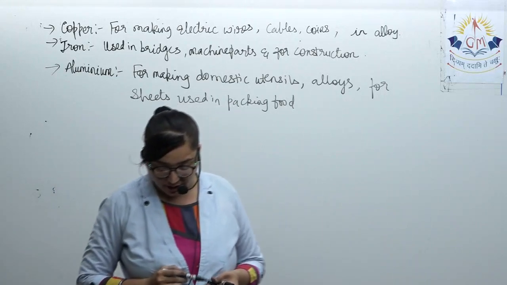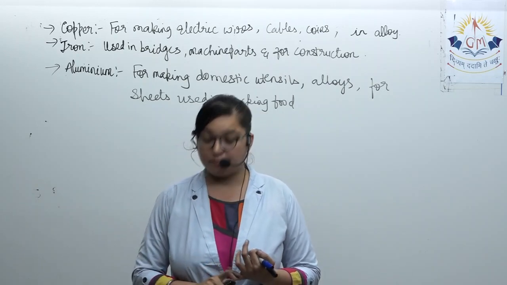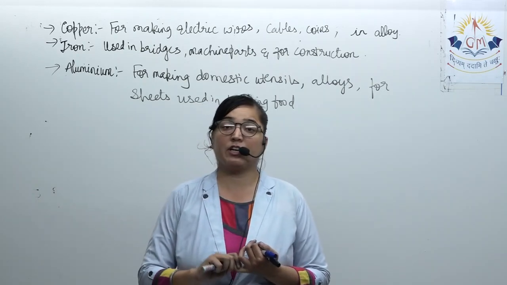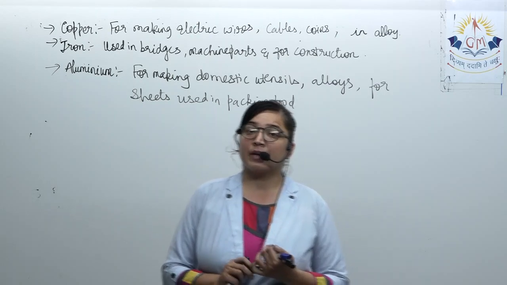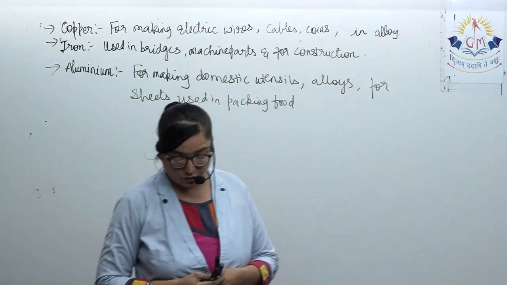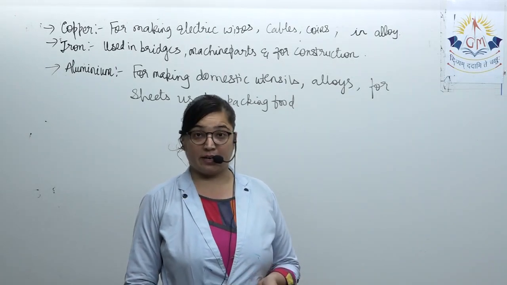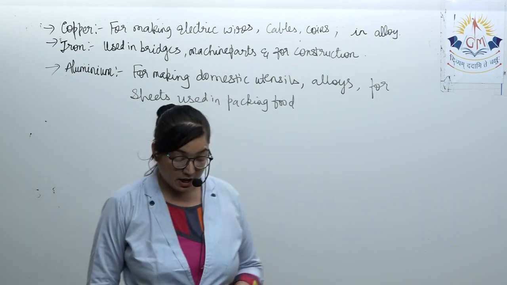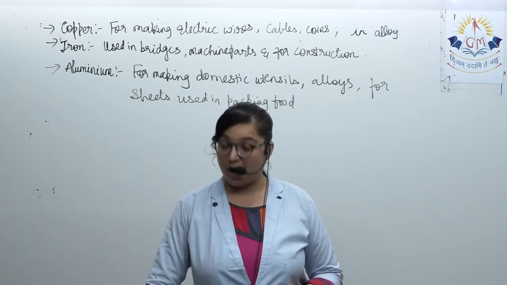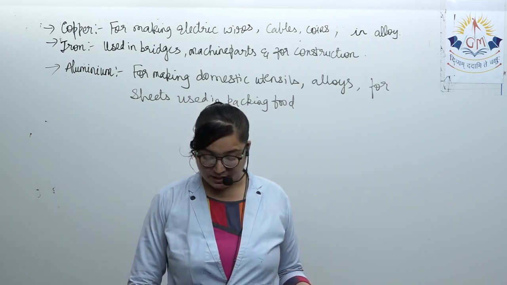After aluminium, we have hydrogen. Hydrogen is used for the manufacture of ammonia, for converting vegetable oil into vegetable ghee. It is also used as a fuel. There are many uses of hydrogen, and we have already mentioned them in question number 4. I hope you remember, so we are not repeating it.